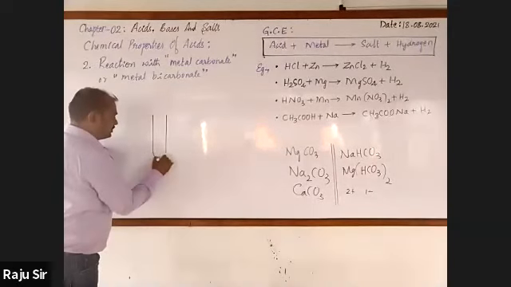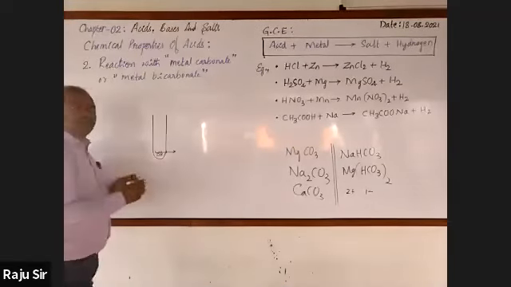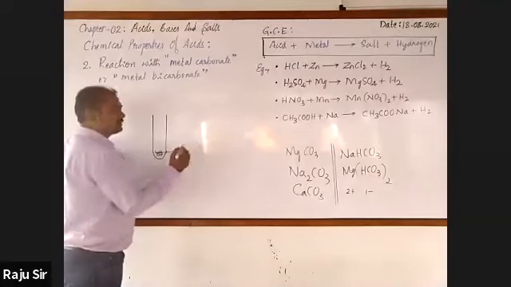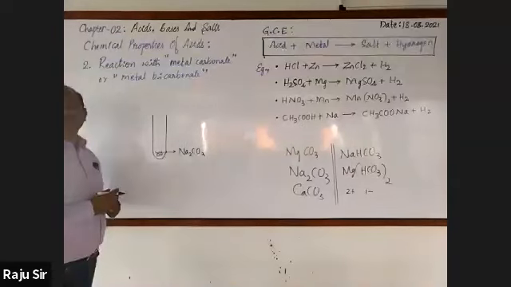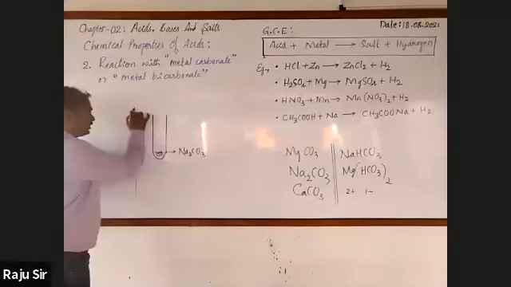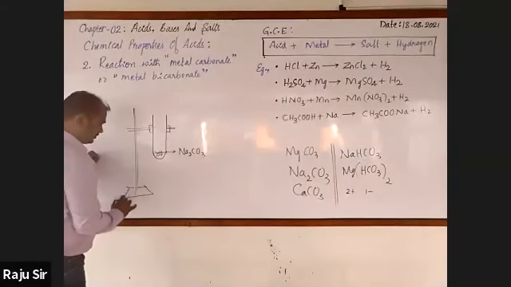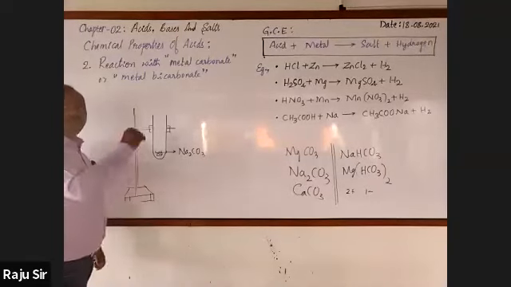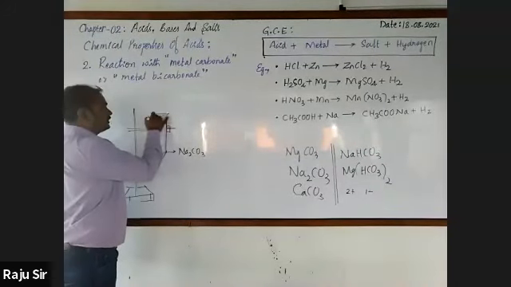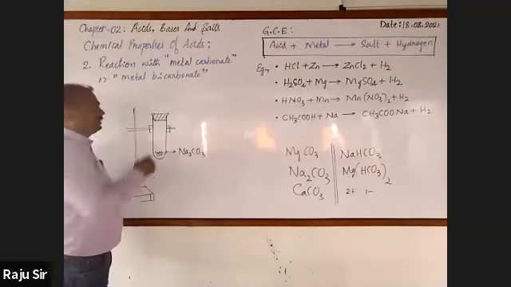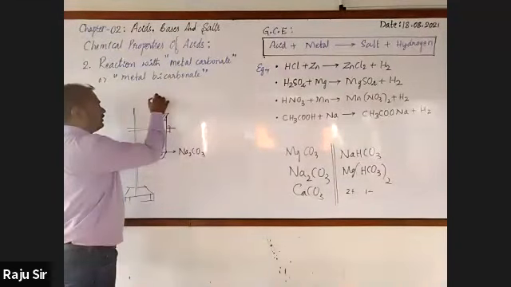In that we take any one metal carbonate, say sodium carbonate, fitted to an iron stand. Next we add acid. First we close the mouth of the test tube with a two-hole rubber cork. In one hole we insert a thistle funnel.